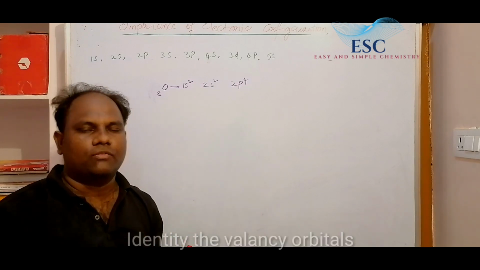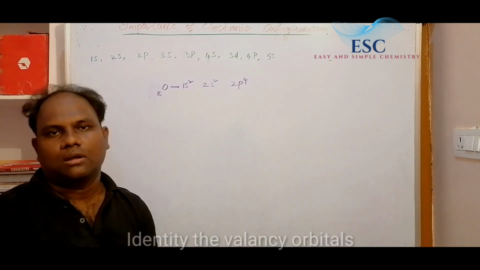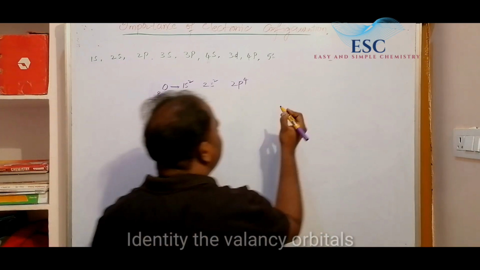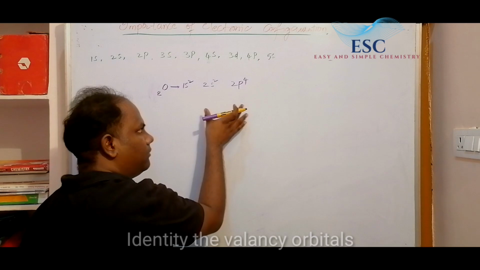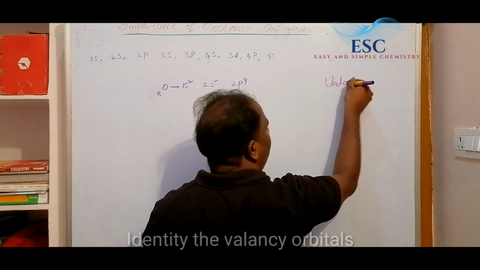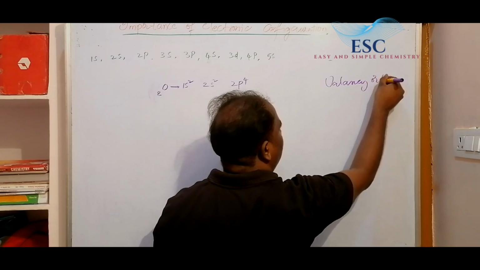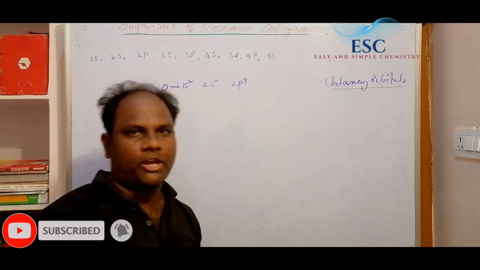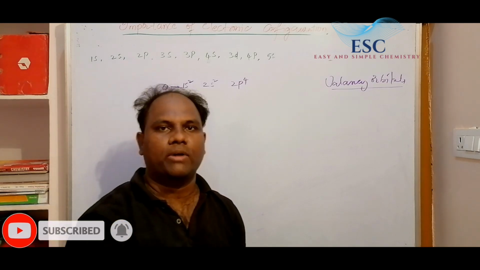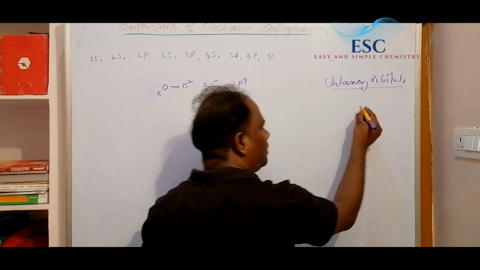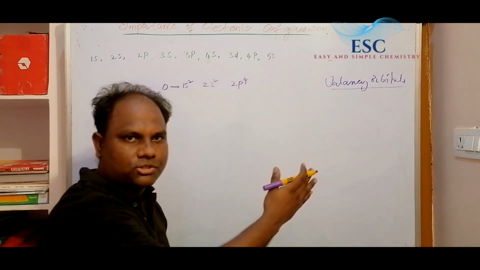In this electronic configuration, where are the valency orbitals? There is a simple way to identify the valency orbitals. If the last orbital in the electronic configuration ends with s, only s is the valency orbital.